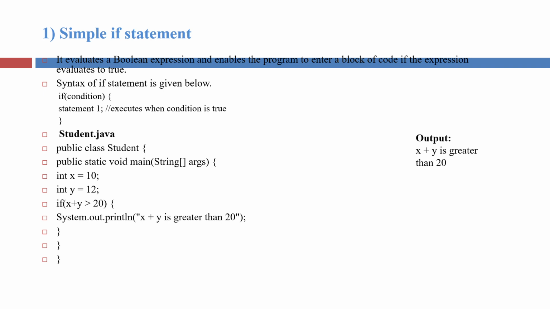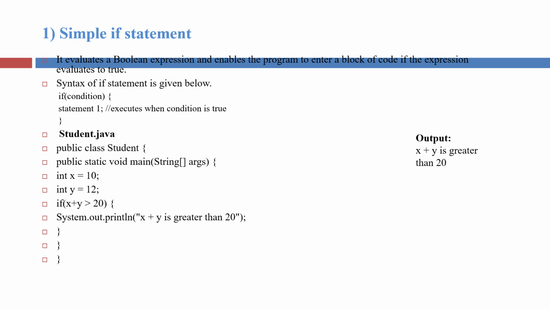will be executed. So here the simple code is presented: public class student, public static void main, int x equal to 10, int y equal to 12. If x plus y is greater than 20, then we print that x plus y is greater than 20. After the keyword class, student is given, which is the name of the class.